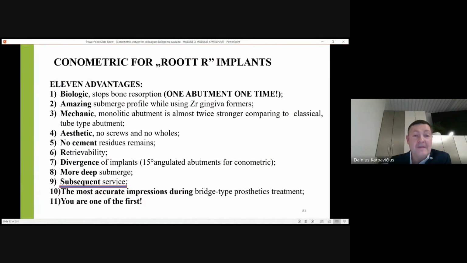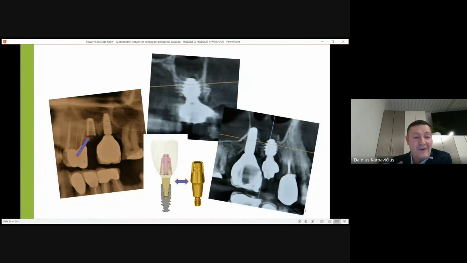Subsequent service is something very unique, because when we have a fracture of the implant, it's a nightmare. It's bad. We will never have the possibility to go into the metal and understand its condition after the years.